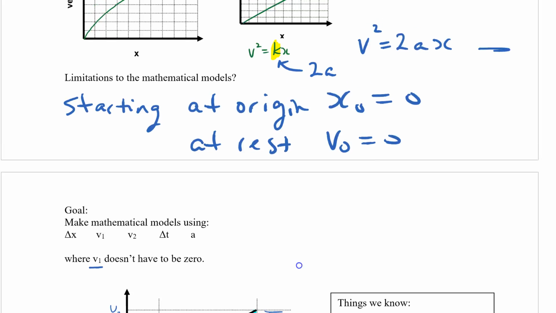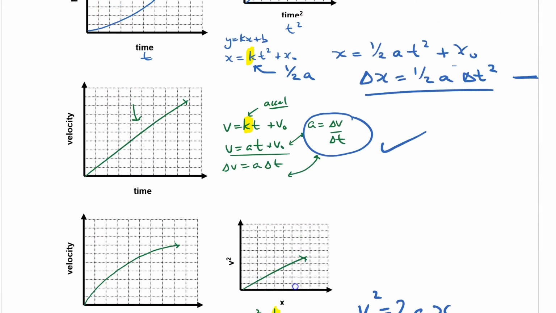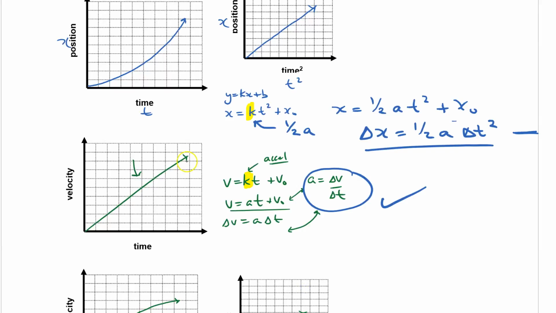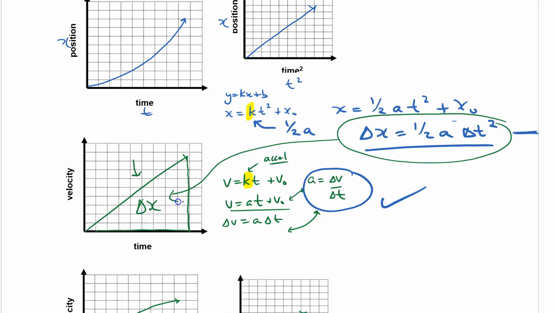Well, when I look back over here, let me just see something. This area down here is going to be the displacement, because that is also the area under, and this is that triangle area. And you'll notice that that is the same as this over here.